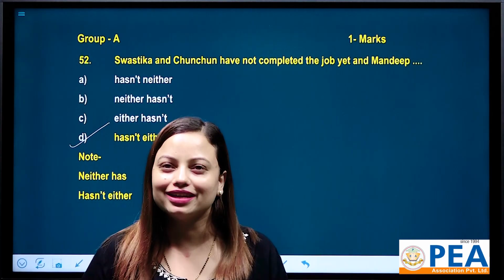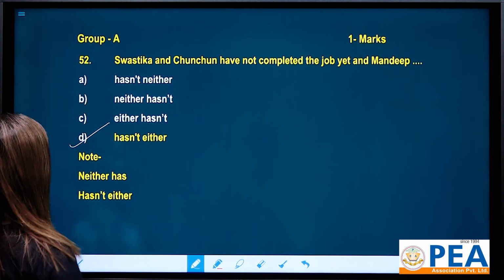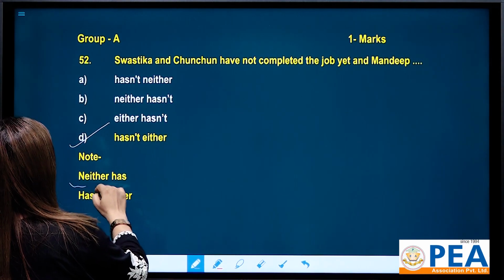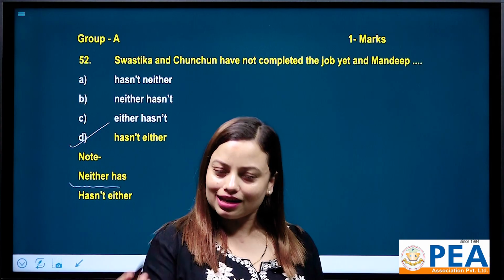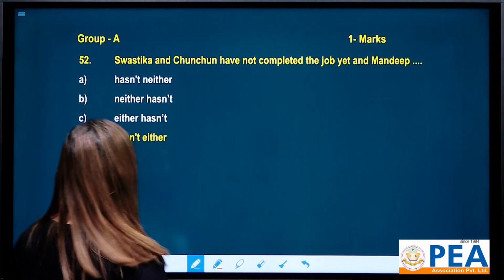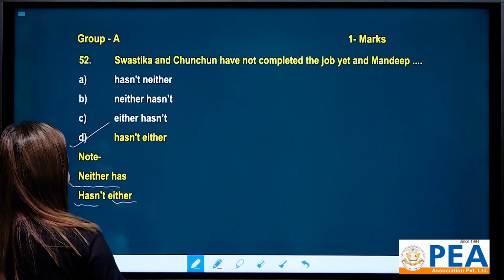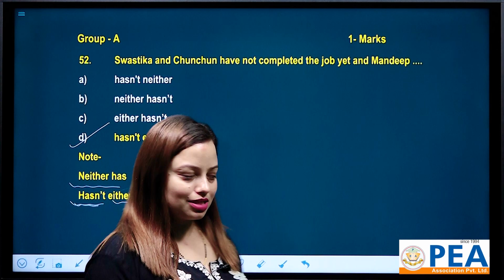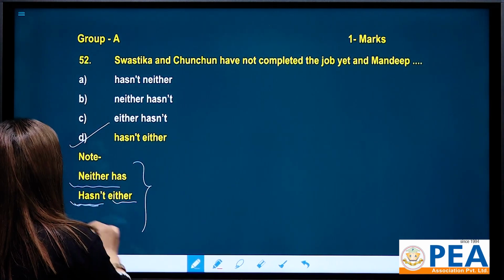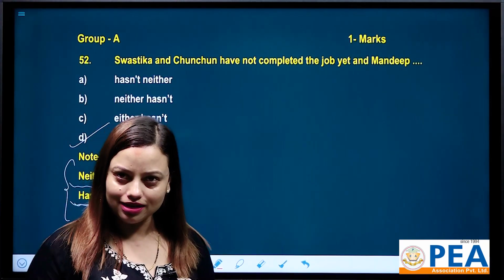What is the reason behind it? Let's have the reason. As we know that "has" comes after neither. And in terms of hasn't either, you need to keep your verb earlier, right? So this is actually the grammatical order in terms of neither and either, right?